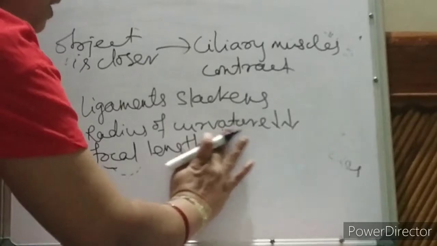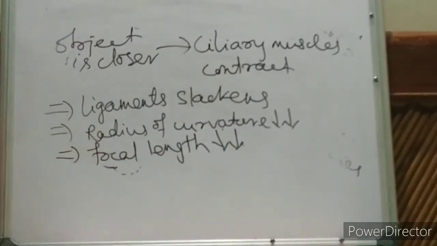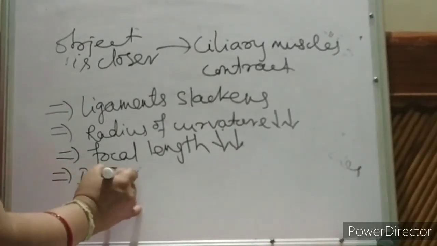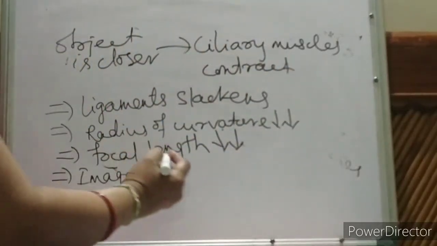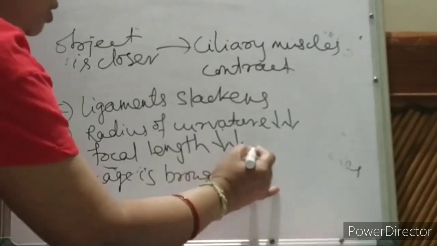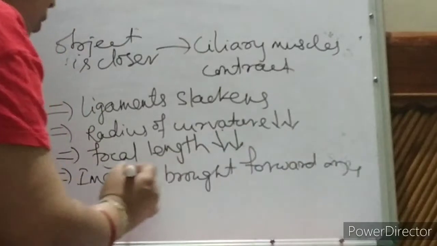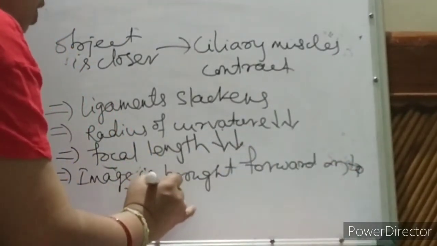You can see the focal length is reduced. Focal length decreases means the image is brought forward onto the retina. Is it clear, children?